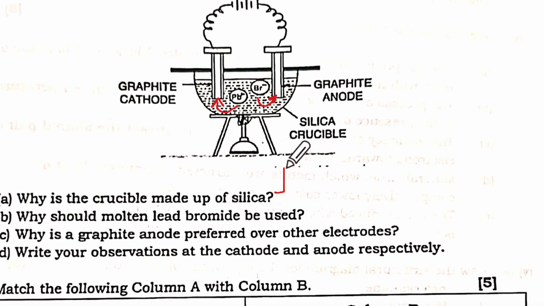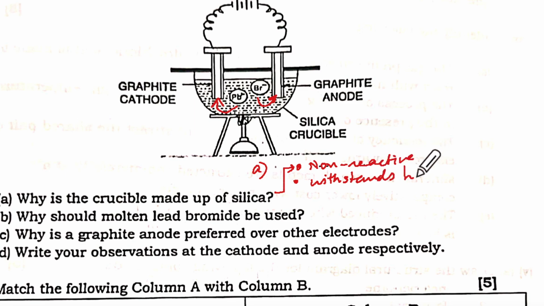So silica, there are number one. What is the first one? It is non-reactive. This is the first one. Which stands high temperature. Because lead bromide has the melting point of how much? 380 degrees.